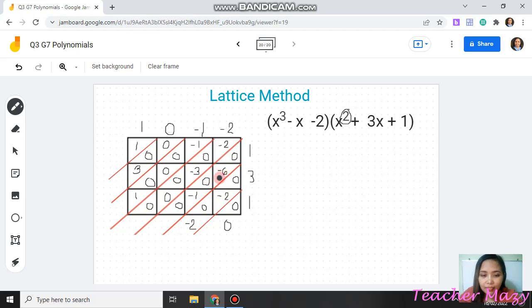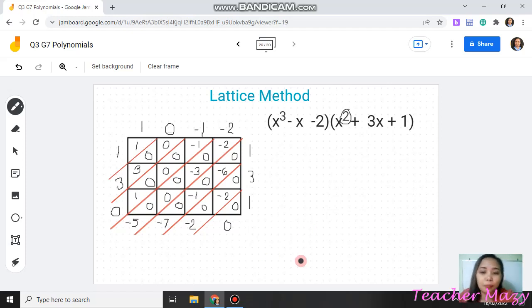Negative 6 plus negative 1, that is negative 7. Negative 2 plus negative 3 is negative 5. And then negative 1 plus positive 1, that is equal to 0. So 0, 0 plus 3 is equal to 3 and 1.